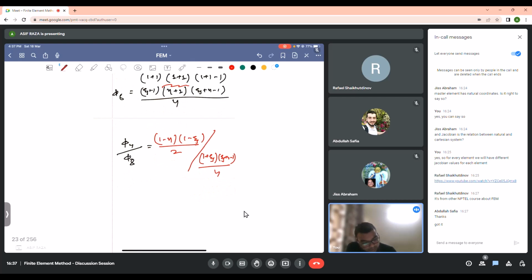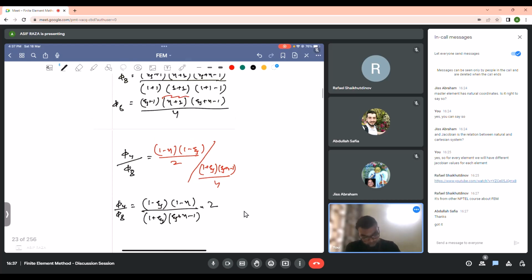This can again be simplified and written as phi 4 by phi 8 is equal to 1 minus xi, 1 minus eta, again here 1 plus xi plus eta minus 1, and this is 2 divided by 4, then this will give me 2.